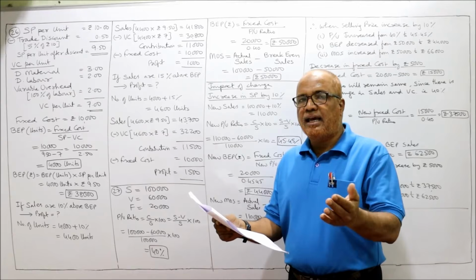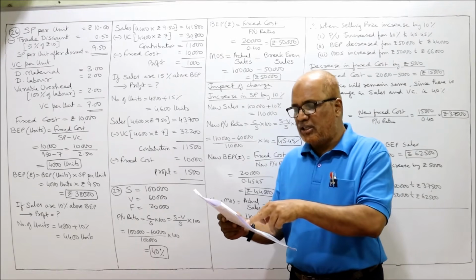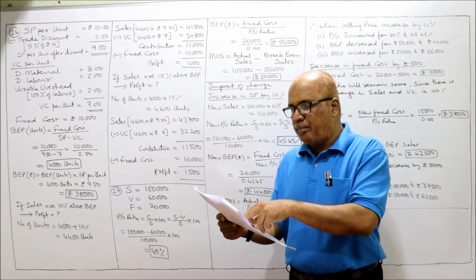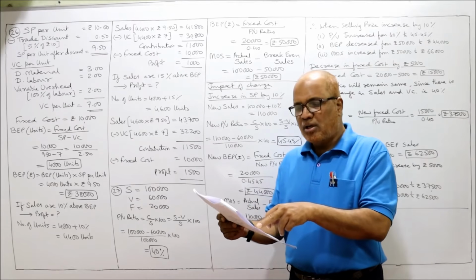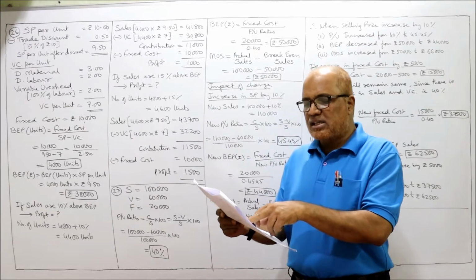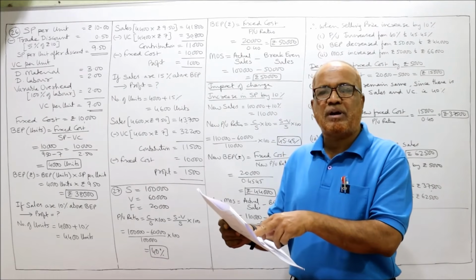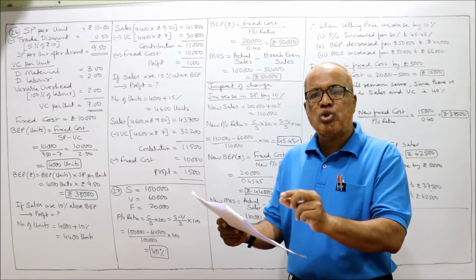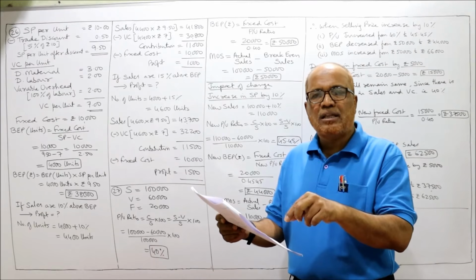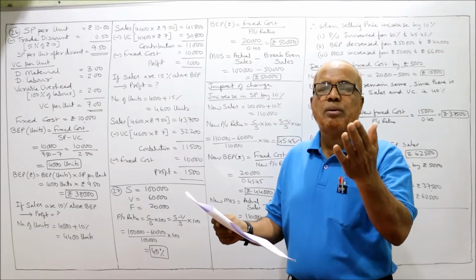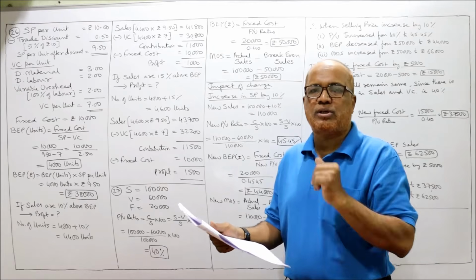Also study the impact of change in the following variables on PV ratio, BEP and MOS. So changes are increase in selling price by 10% and decrease in fixed cost by 5,000. If these two changes take place, then what is the impact on PV ratio, BEP and MOS?